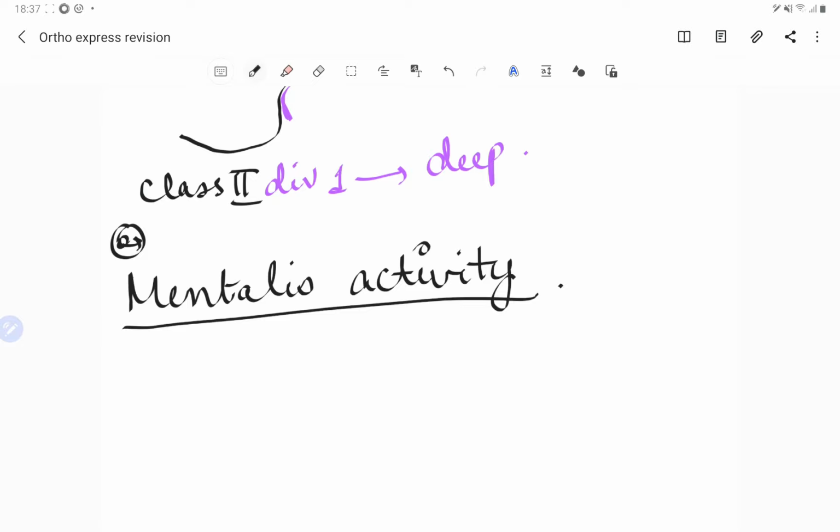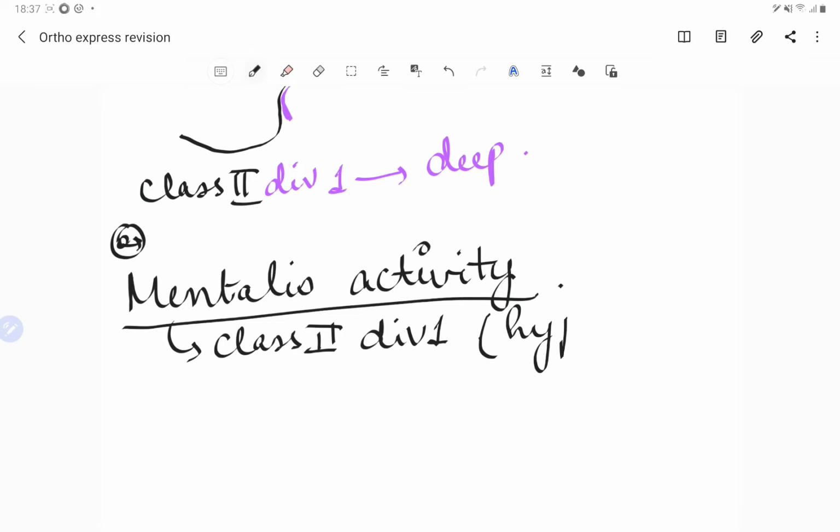But in case of hyperactive mentalis activity, which we have talked about in the malocclusion lecture series, in class 2 division 1 cases, there is a hyperactive mentalis activity. My dear students, this we have already covered in the malocclusion lecture series. This hyperactive mentalis activity is the reason that it causes the puckering of the chin.